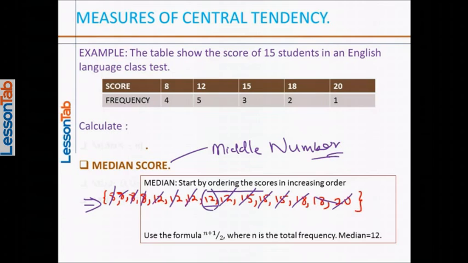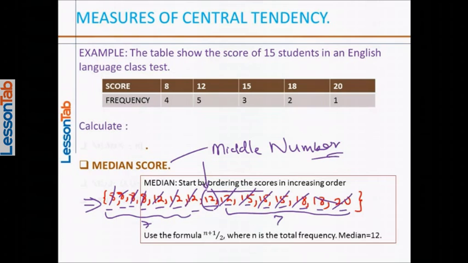This is how we can also tell if this is the middle number. If we count the numbers to the left of this 12, it should be the same as the count on the right-hand side. Let's try that: 1, 2, 3, 4, 5, 6, 7. We have 7 numbers over here. How many numbers do we have on the other side? 1, 2, 3, 4, 5, 6, 7.